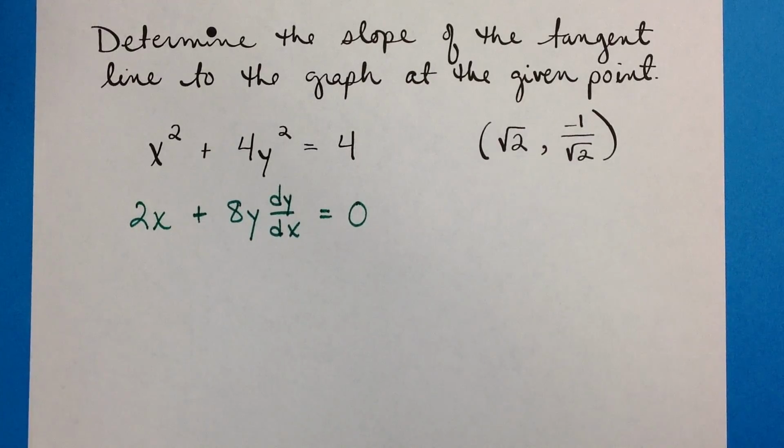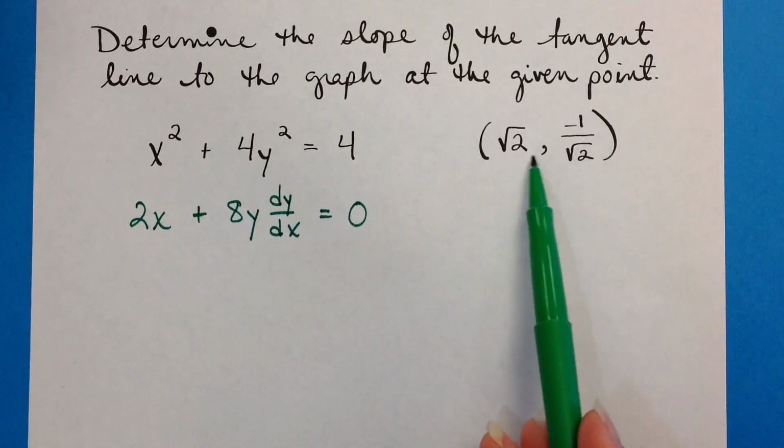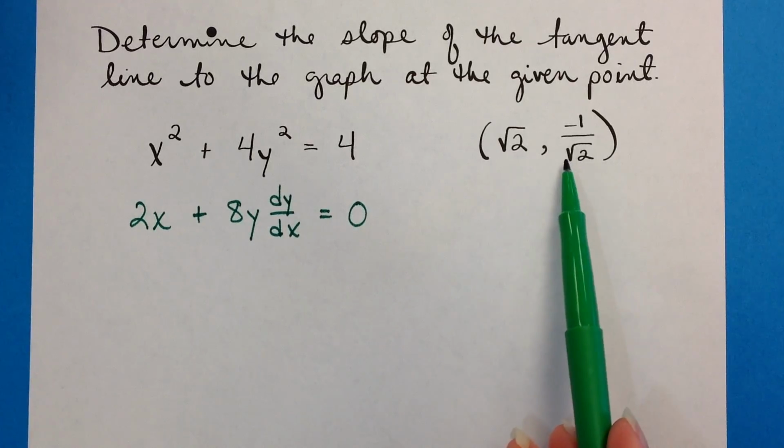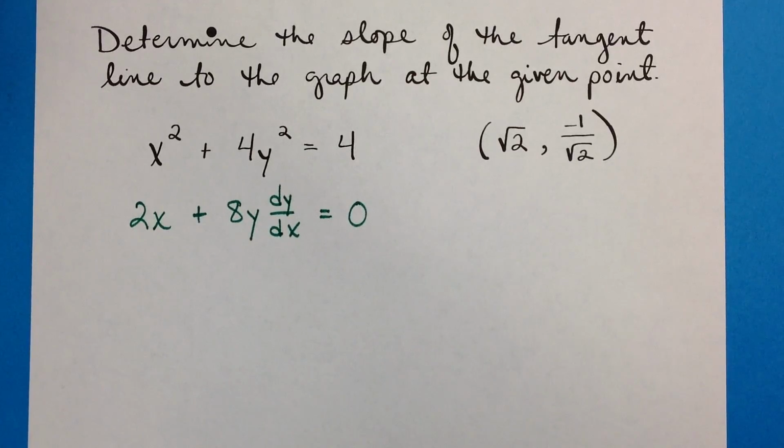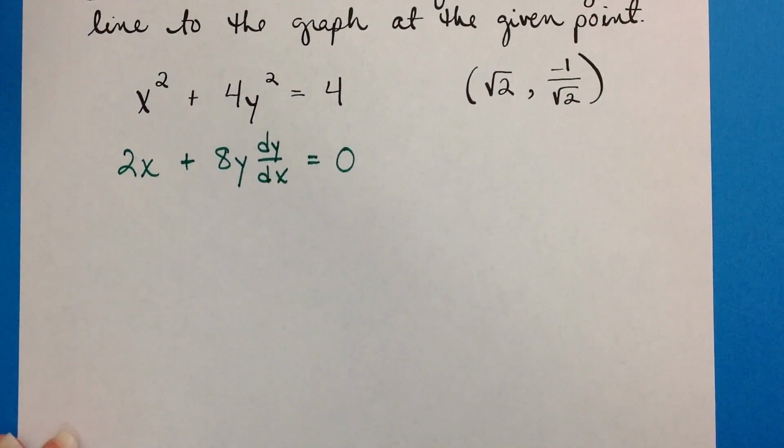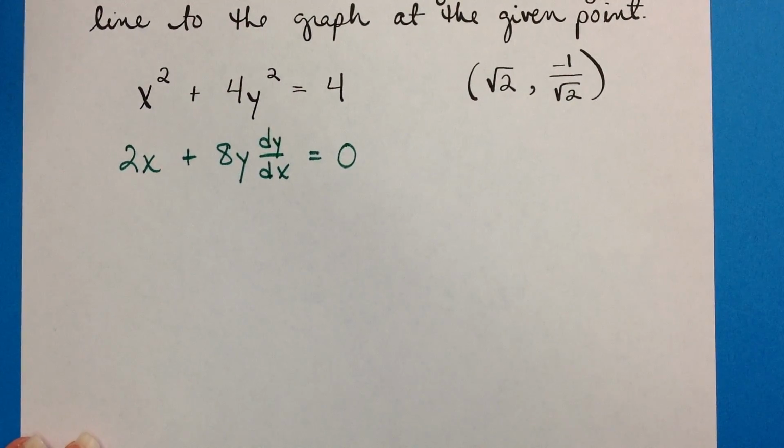Now you could do this one of two ways. If you want to get dy/dx completely on one side by itself and then substitute in your x and your y value, or you can substitute in your x and y value and then get dy/dx by itself. I'm just going to go ahead with the process we were doing earlier and get dy/dx by itself, and then I'll take care of substituting in my values.